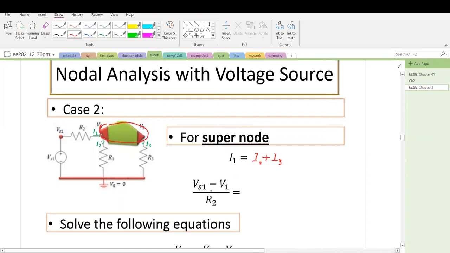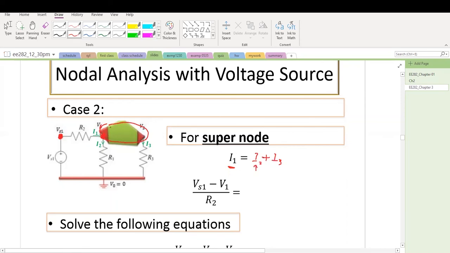Next step is to use Ohm's law. What is I1? I1 equals the node voltage on this node minus the node voltage on this node, which is Vs1 minus V1 divided by R2. What is I2?